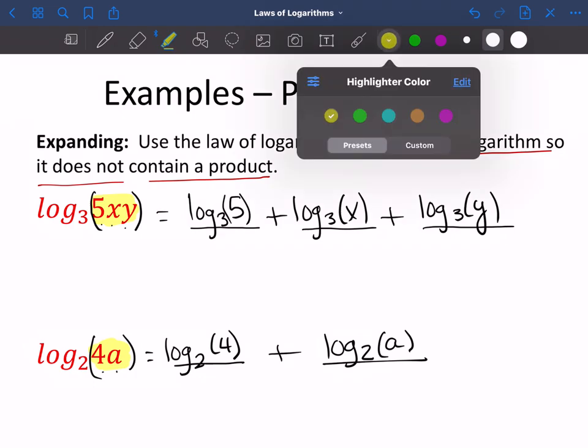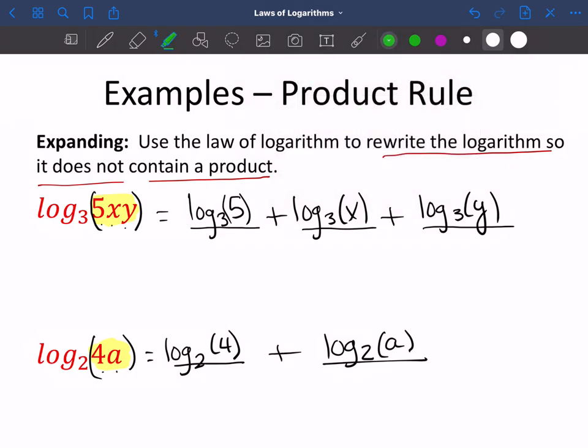Now, we do want to be careful because our goal here is to simplify as much as possible. And using the properties we saw before, we actually can reduce this log base 2 of 4.